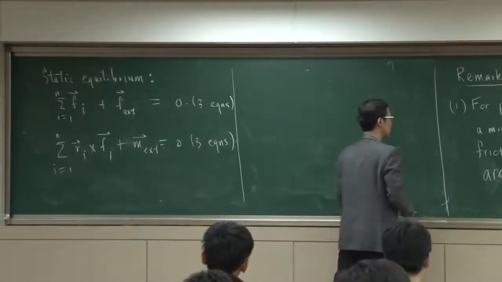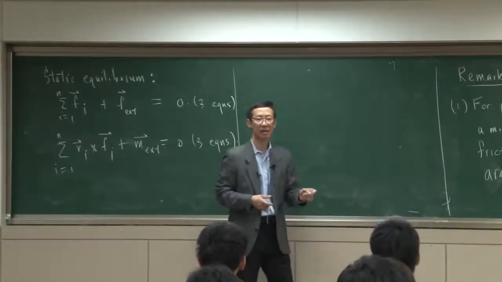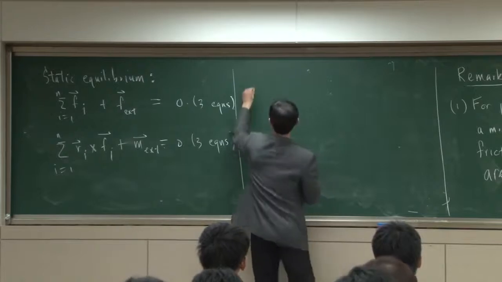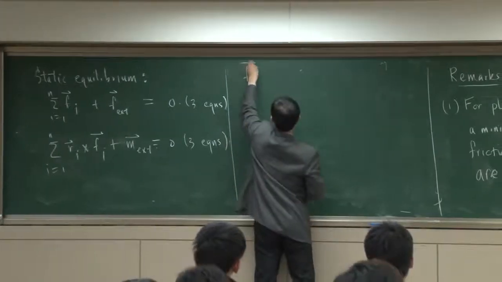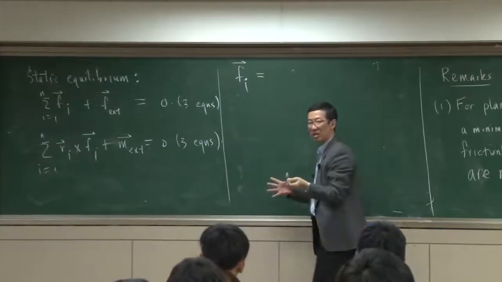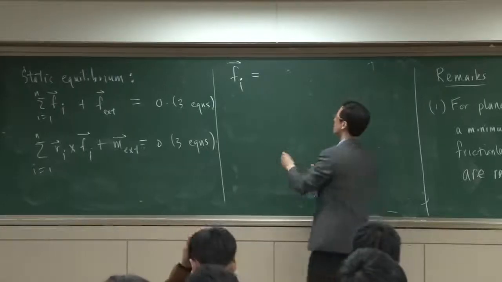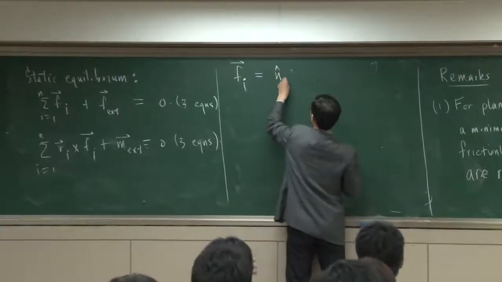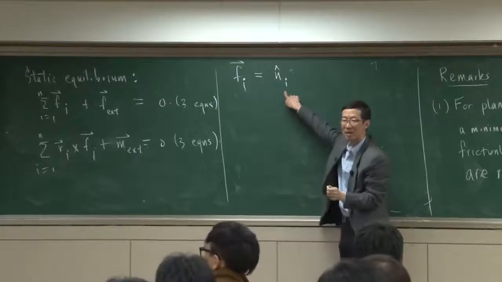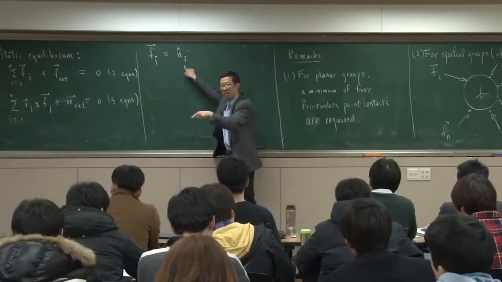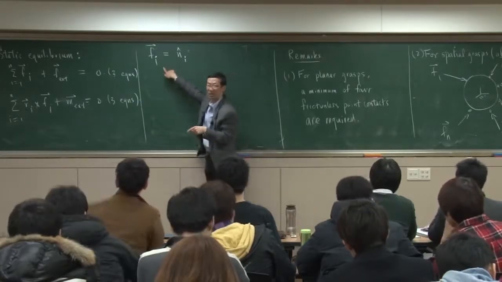And the forces look like what? Each force is going to have a direction. Let's call that direction n hat sub i. It's a unit vector indicating the direction that force Fi is applied in.